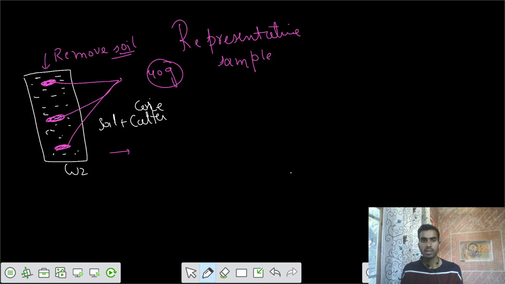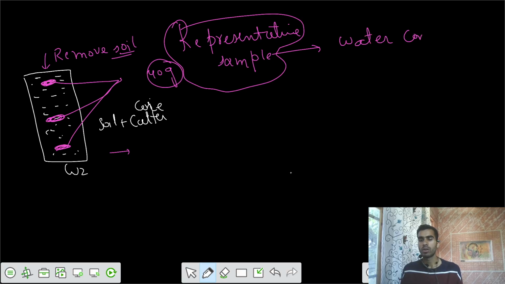That we call the representative sample for water content determination. We measure the water content by the oven drying method, a standard lab test, and get the value of water content.